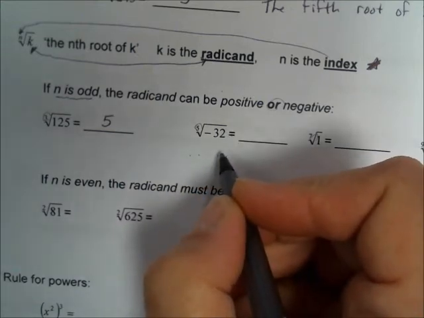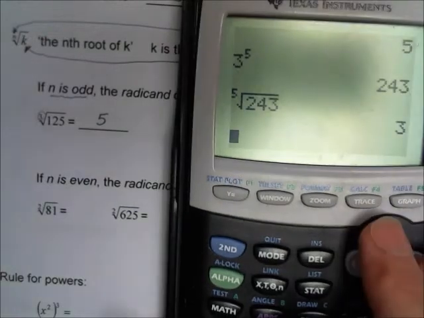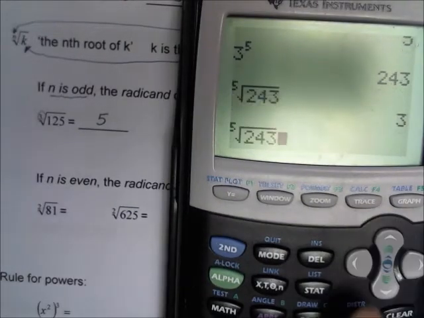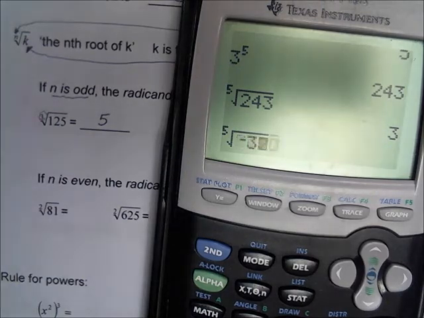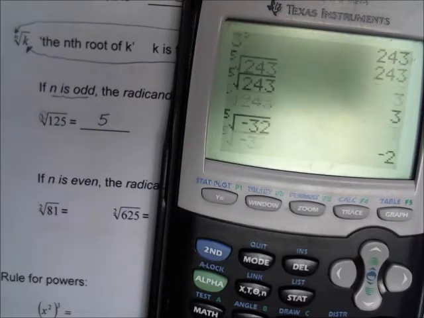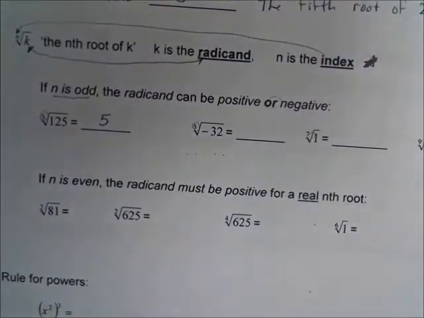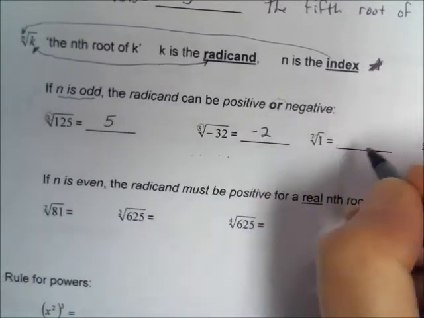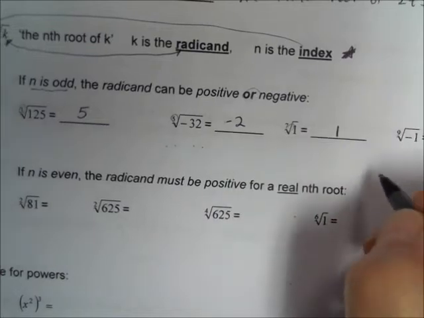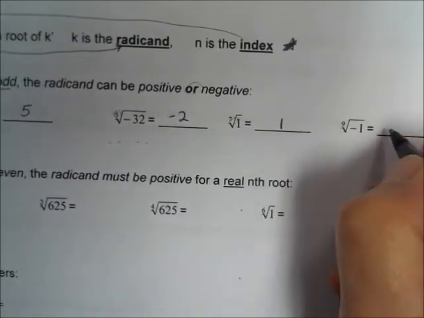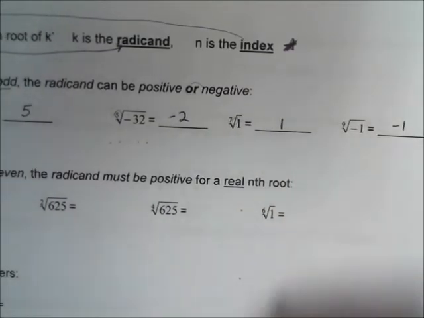Well, you could ask your calculator if you wanted to. You could just pop right back up to that old whatever we just had on, and you can put negative 32 in there and do a 5th root of negative 32, and that would be negative 2. Any root of 1 is 1, and any odd root of negative 1 is negative 1.